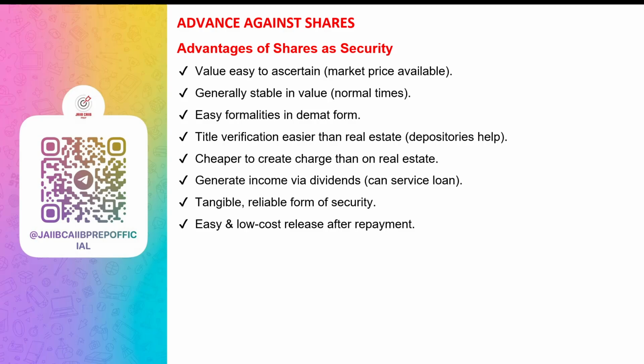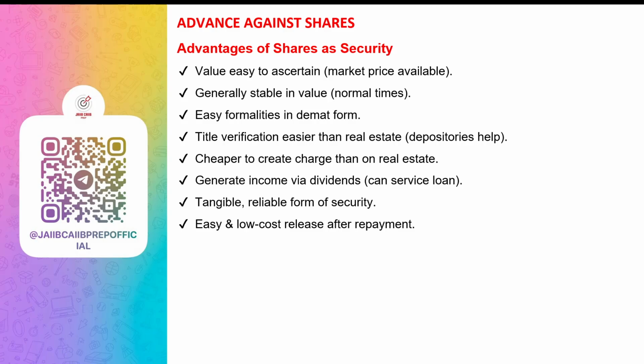Advantages. So the valuation is easy. Market prices of listed shares are available daily. Stable value of shares in normal times. So normally blue chip stocks are less volatile than other commodities. In demat form, the formalities required are very less. Depositories make it easy to confirm the ownership, like who owns the share.